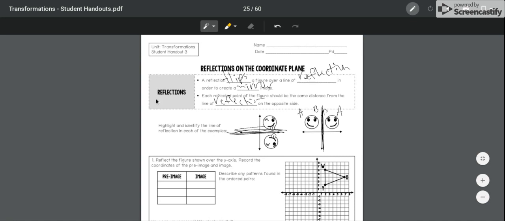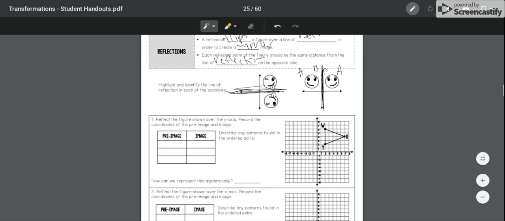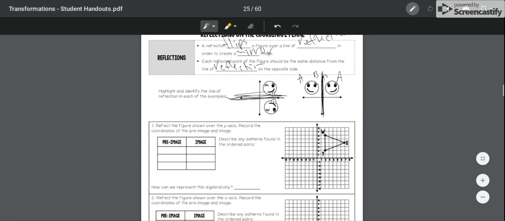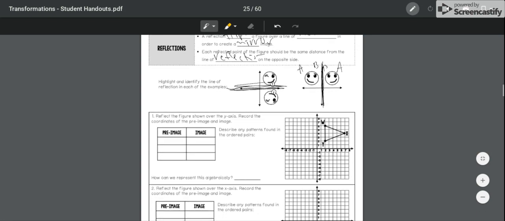Okay, so we're going to practice reflecting the figure, and then we're going to record the coordinates on the pre-image and the image. So again, remember that each of the reflected points should be the same distance away. So first of all, we're going to write the ordered pairs of the pre-image. And so remember, we're going to go in alphabetical order.